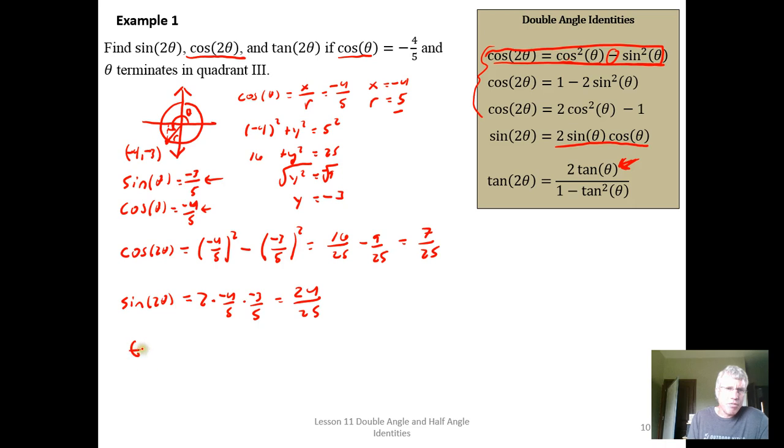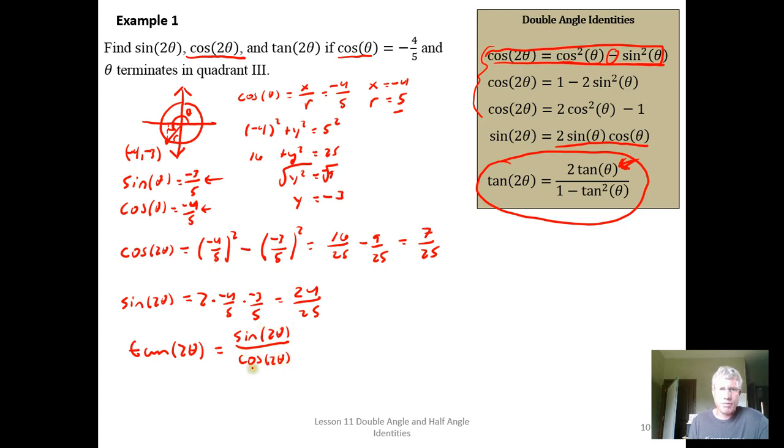And for the tangent function, we actually have some choices. We can do it the hard way or the easy way. I could use the double angle identity for tangent, so I would need to use this identity right here. Or I want to recognize that the tangent is the sine over the cosine, and we've already calculated the sine of 2 theta over the cosine of 2 theta.